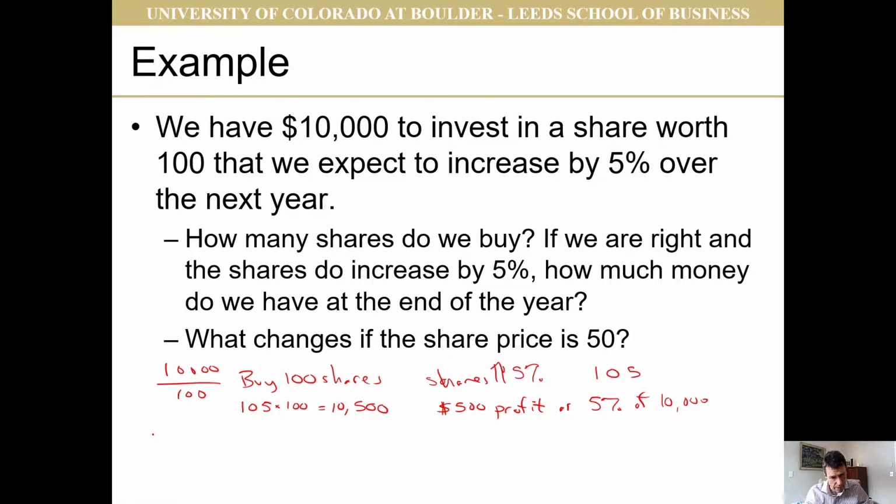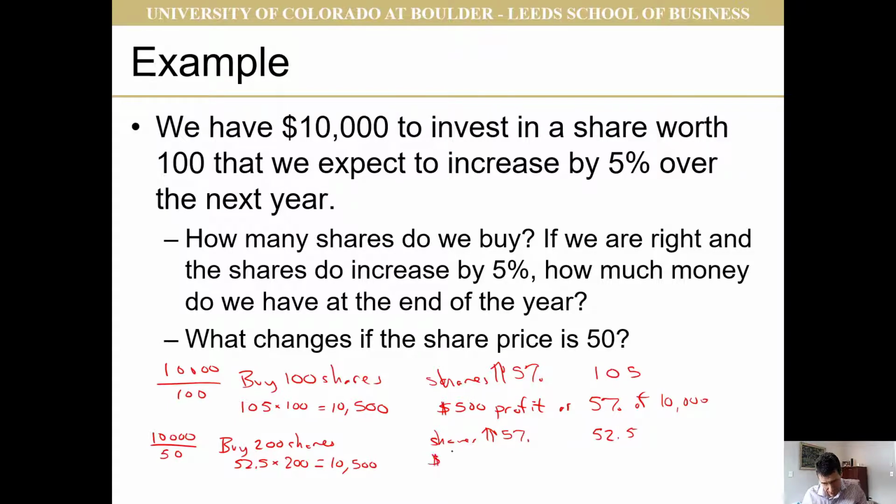So what changes if the share price were 50? Well, we have $10,000. We're going to buy 200 shares this time. The shares go up 5%, so they go up to 52.5. 52.5 times 200, of course, is 10,500.